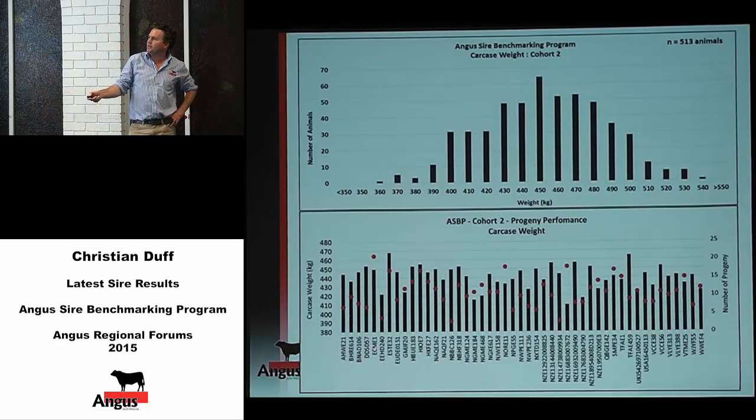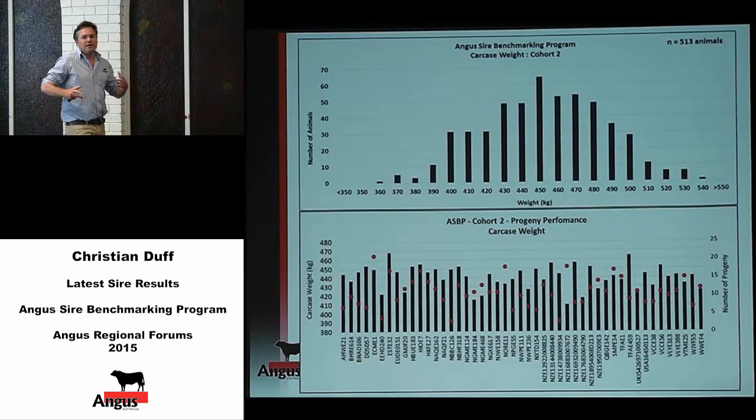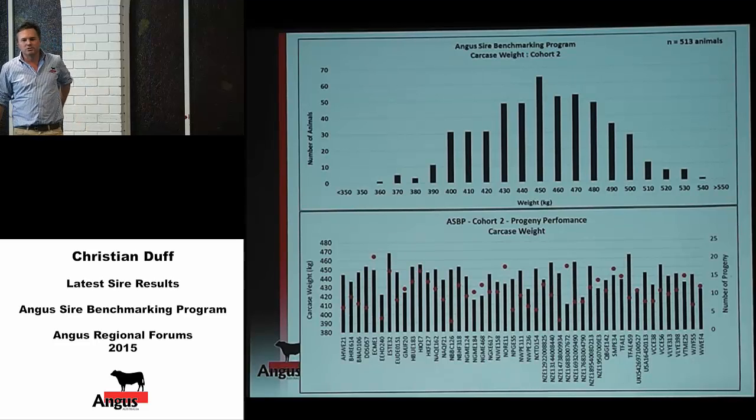So you can see here, the highest is this EST D32. You can see his progeny average is around 470 kilograms, based on his progeny number of around 16 or 17, I'd say. So you can see how particular bulls are ranking within the Sire Benchmarking Program for these particular traits.